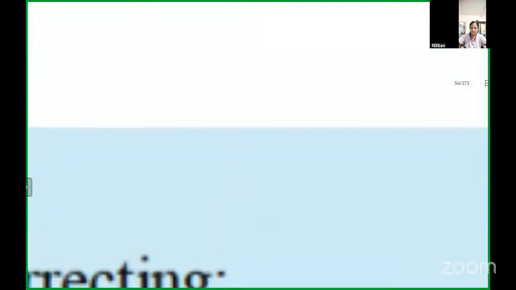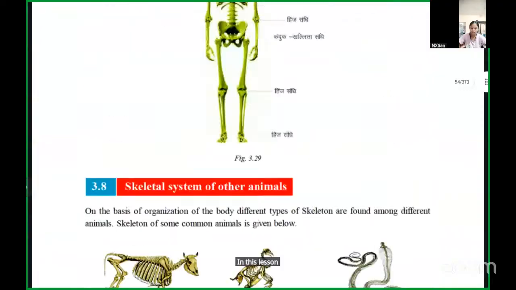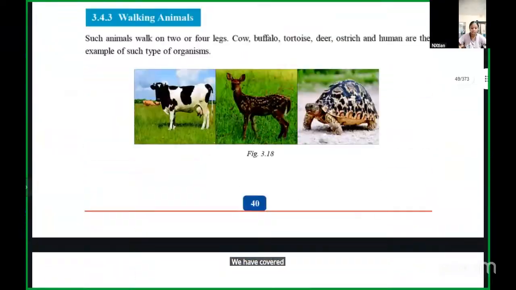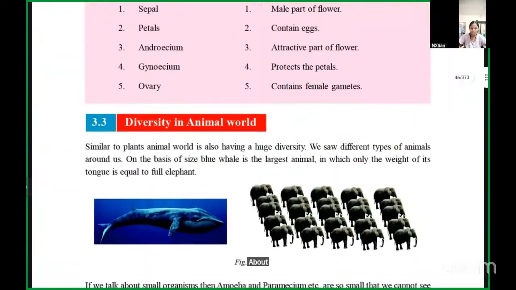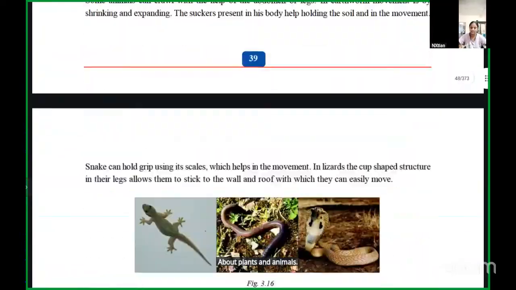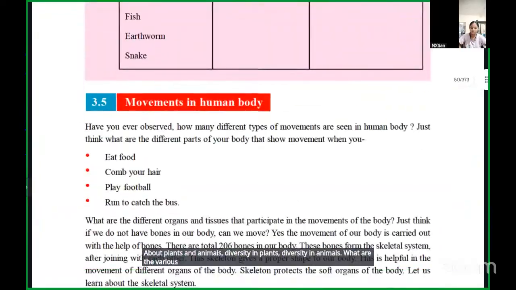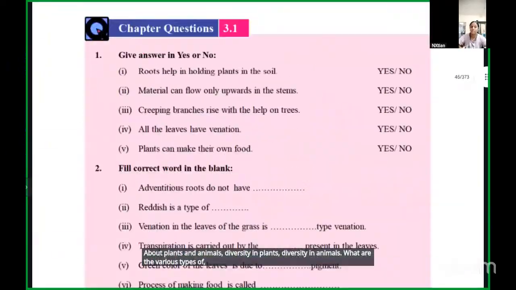in this lesson, till now, we have covered plants and animals, diversity in plants, diversity in animals. What are the various types of parts of the plants?